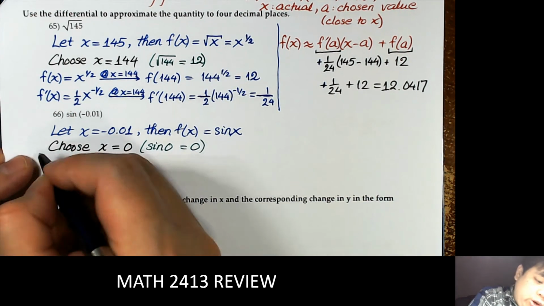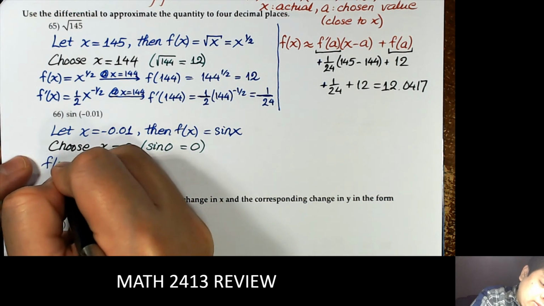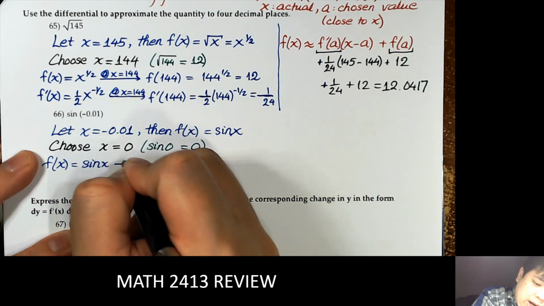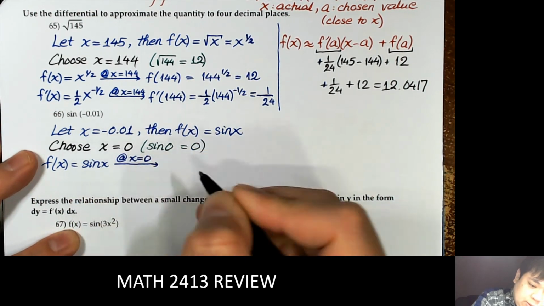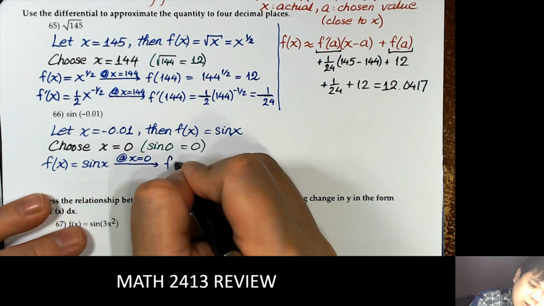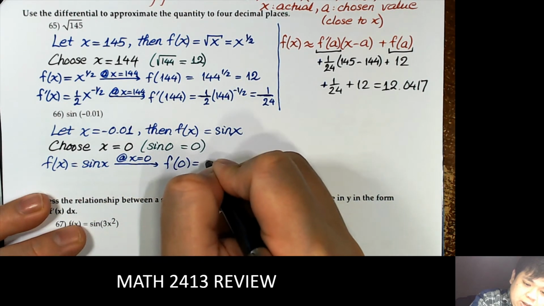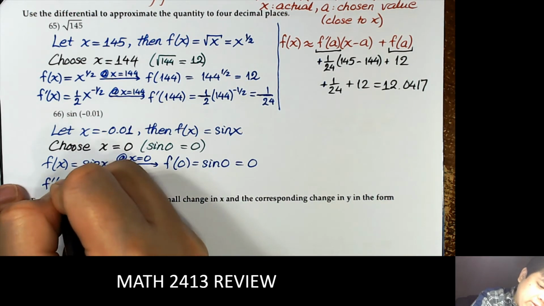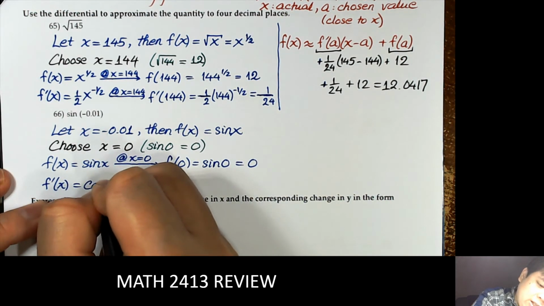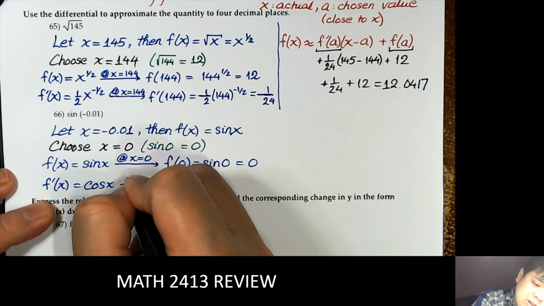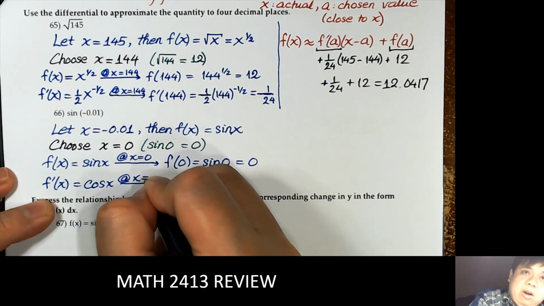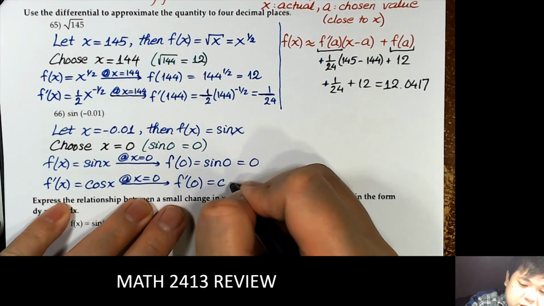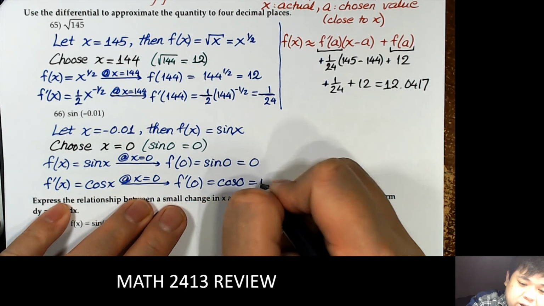Right, so we'll evaluate the function at x equal to 0. Sine of 0 is 0. The derivative is cosine x. Evaluate at x equal to 0. The derivative at 0, cosine of 0, is 1.